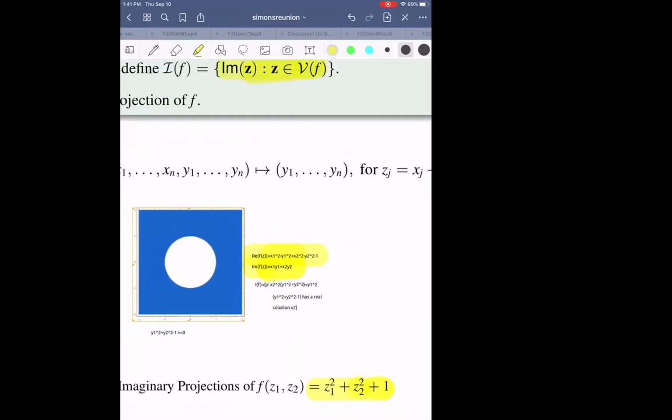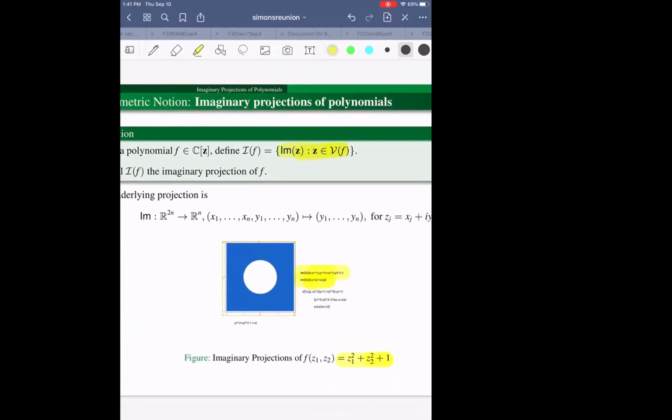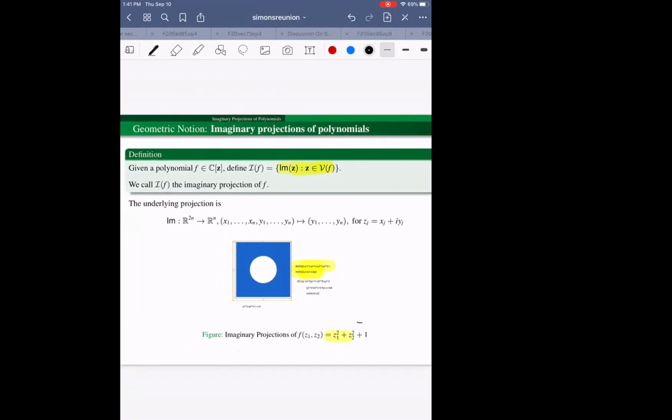If you do that, we see a nice picture which says that the outer part of this circle gives us the imaginary projection of this polynomial. And if instead of +1 we choose -1 here, which represents the conic ellipse or circle, then we'll have the imaginary projection as the entire plane, R^n.